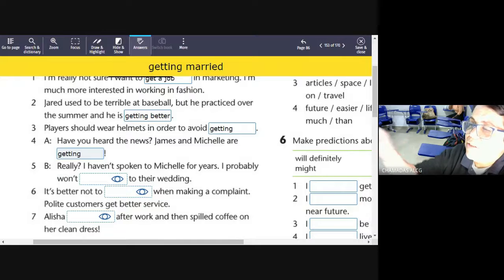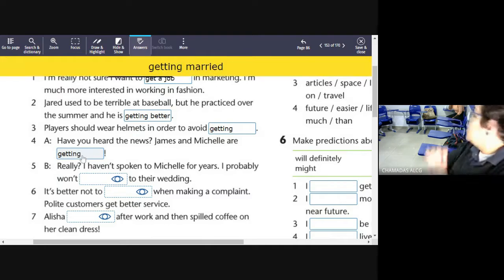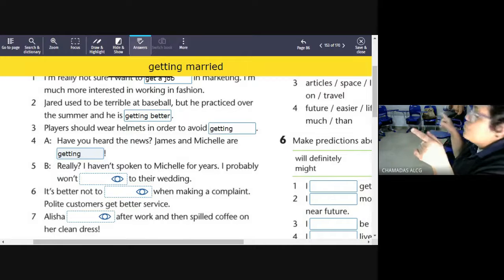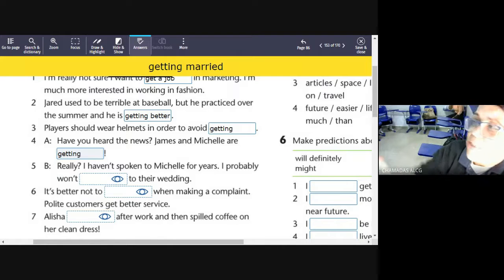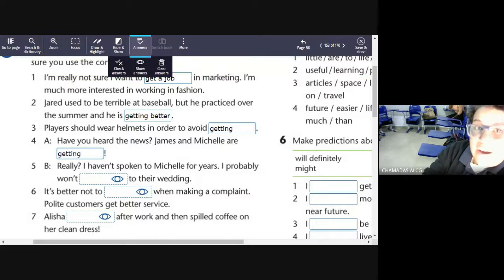Look, the answer is in the yellow bar because in some exercises, they don't have enough room in the box. So they don't show the full answer. And then it's always nice to check the yellow bar. Okay. So getting married. Number 5. Oh, really? I haven't spoken to Michelle for years. I probably won't get invited to their wedding.